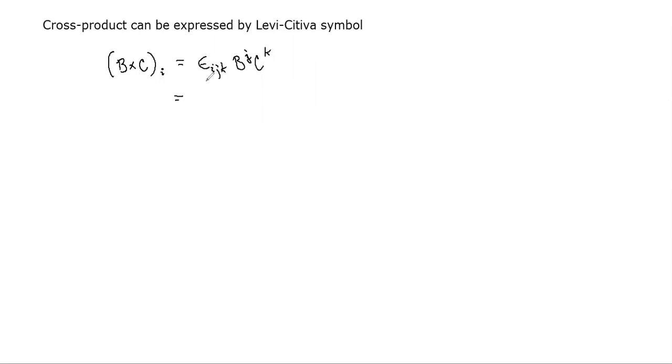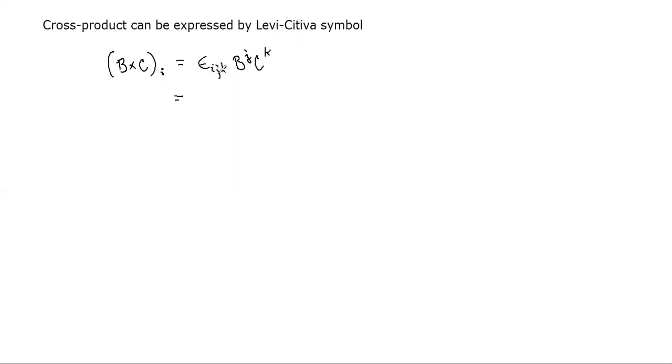Okay, so I'll just write out all of the possible permutations. How many possible triplets of ijk are there? Whoever's pretty good at combinatorics, let me know. Overall, I have possibly 3 times 3 times 3, 27 of these.